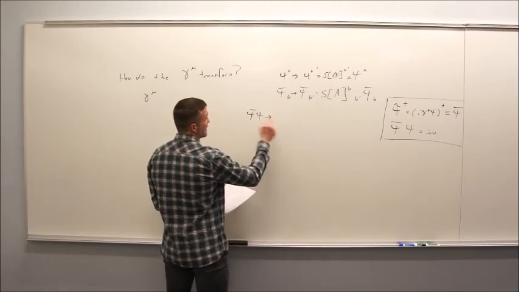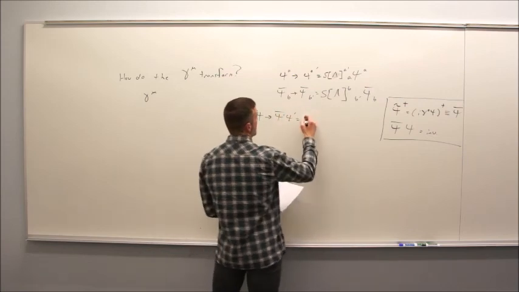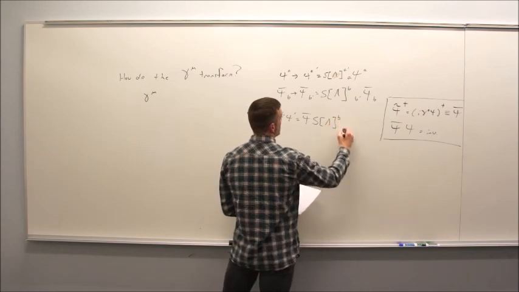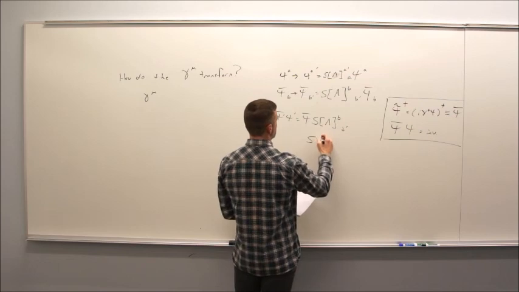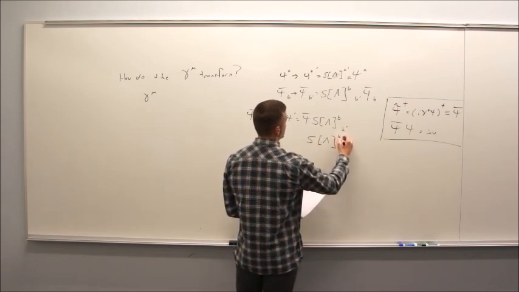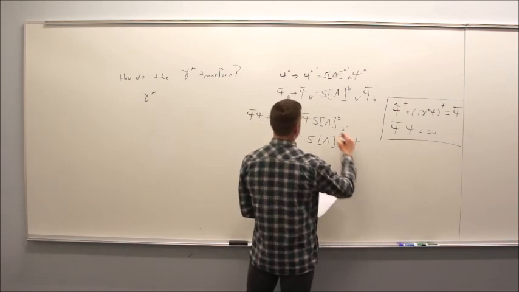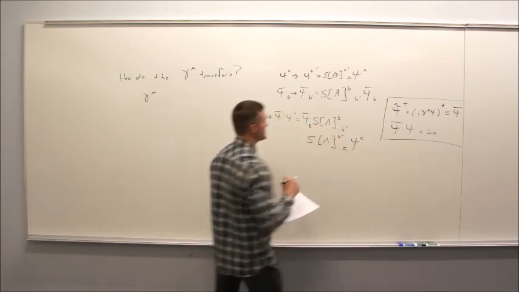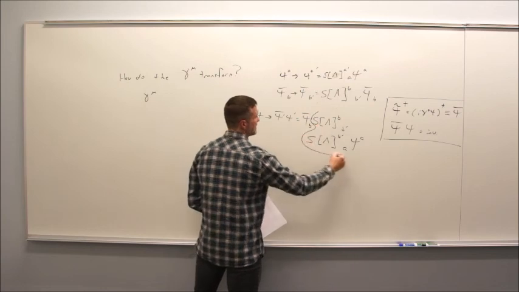arises because if I transform both of these, then I basically have psi bar S lambda B prime, S lambda, this is going to look weird, B prime A psi, and then this is going to have a B index, and this is going to have an A index. That was a poor choice of spacing.